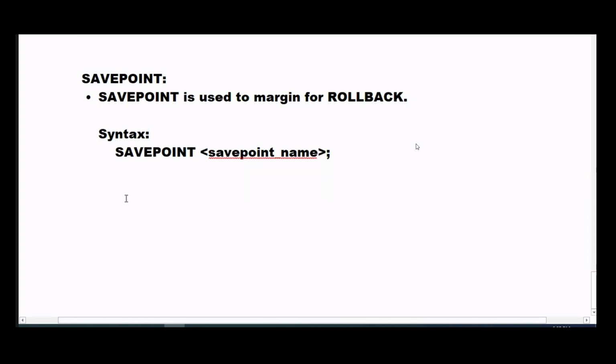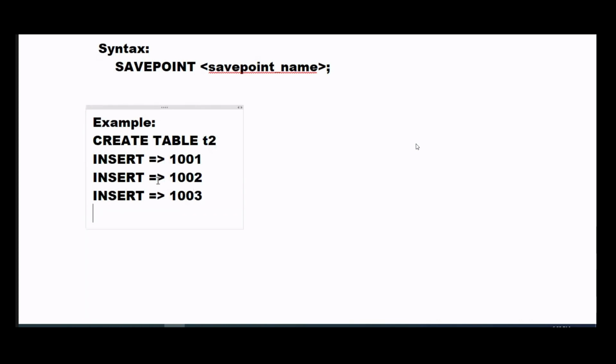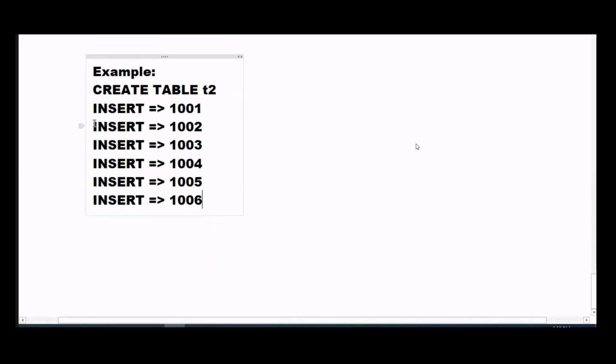For example, we are creating the table T2. In the T2 table, I'm inserting the 1001 record, then 1002 record. Like this, 6 records I'm inserting here: 1004, 1005, and 1006. So to perform one transaction, we are inserting 6 records here.